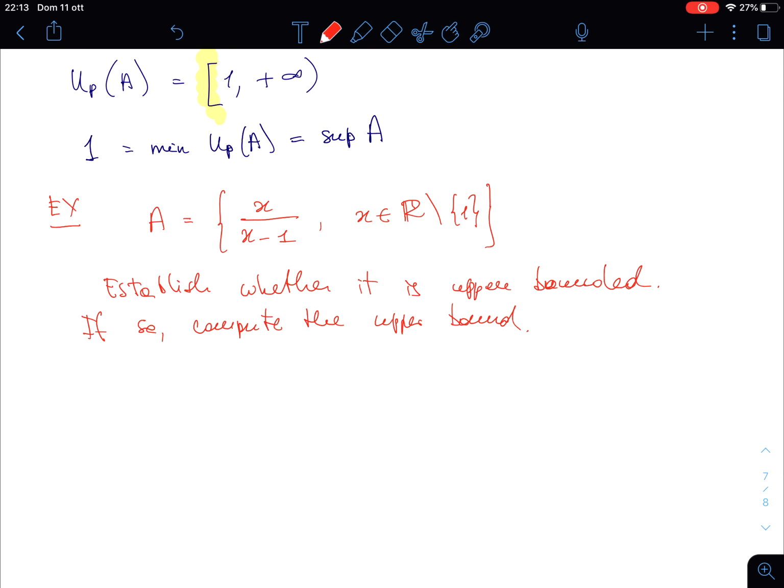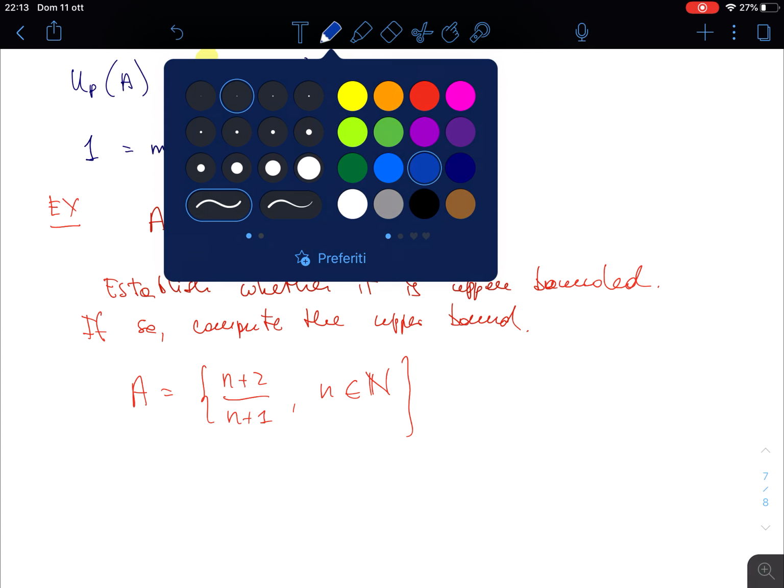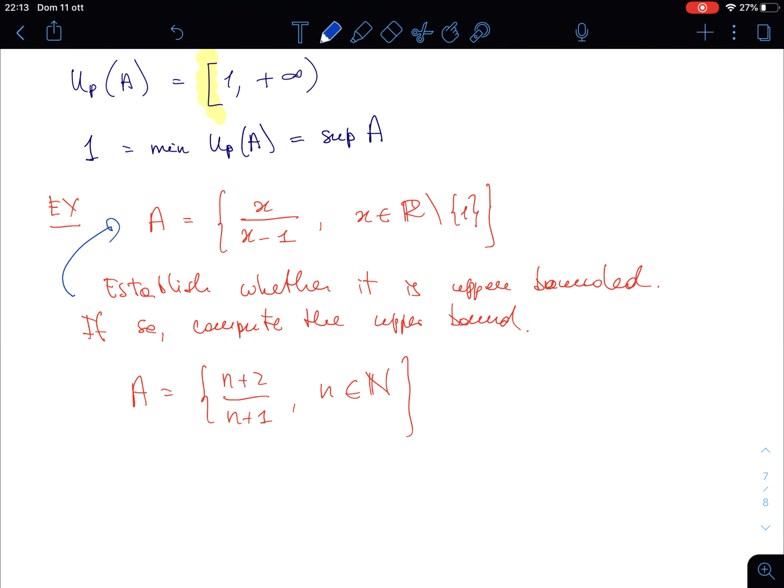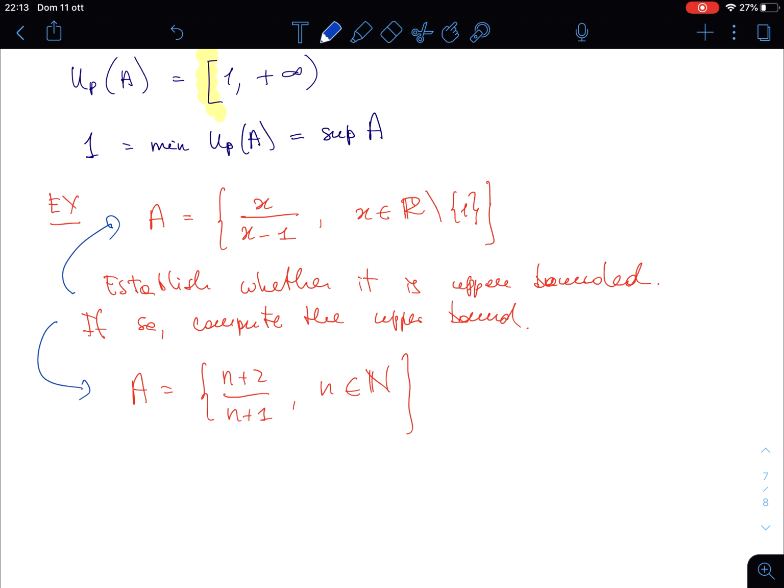And the other example is A equal to the set n plus 2 divided by n plus 1. This time n has to be taken in the set of naturals. And the question is the same. Establish whether it is upper bounded or not. If so, compute the upper bound.